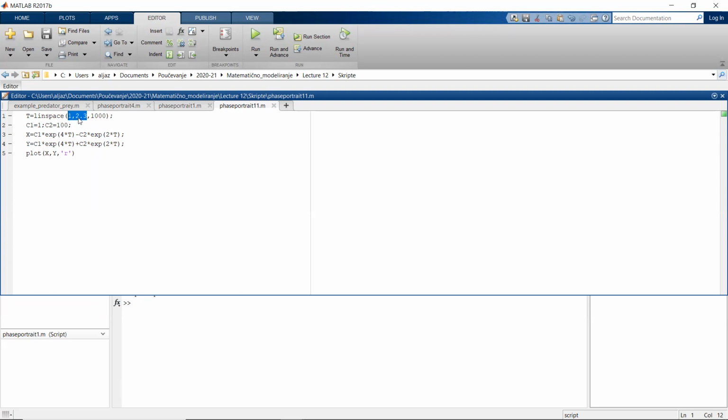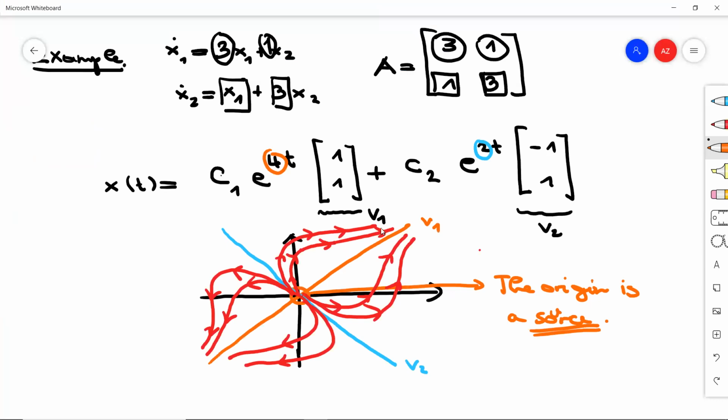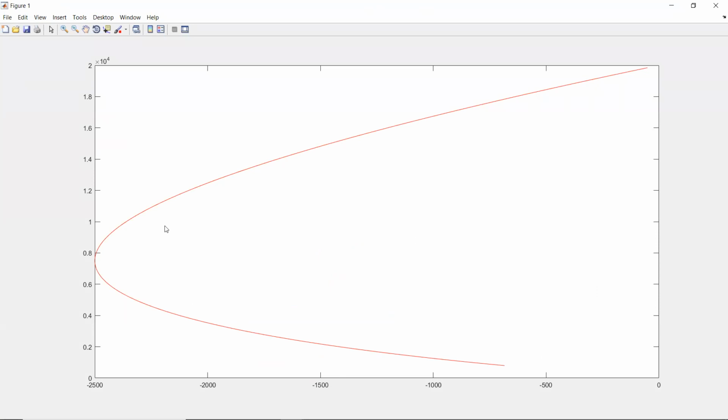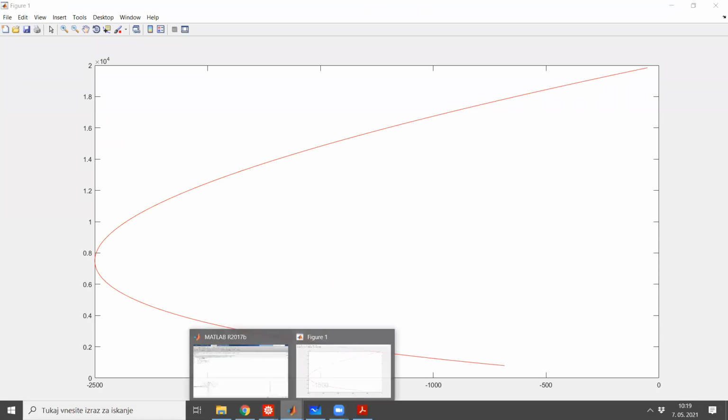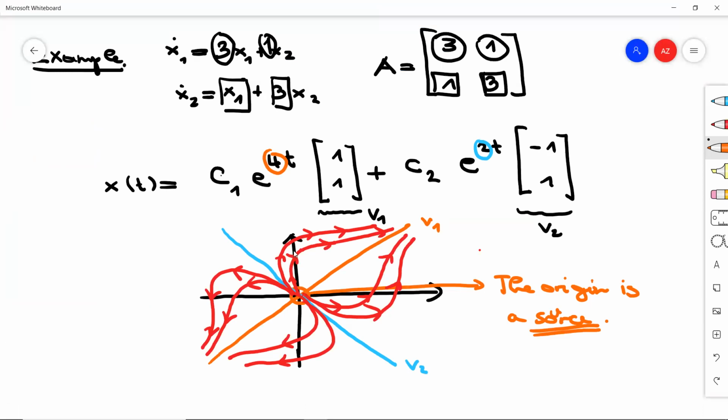So by varying this t, we are in fact analyzing different parts of the solution. So here we got this part, you see. This is then this part of the solution. And it's very difficult to draw all curves on one picture. We really need to take the proper interval for t.